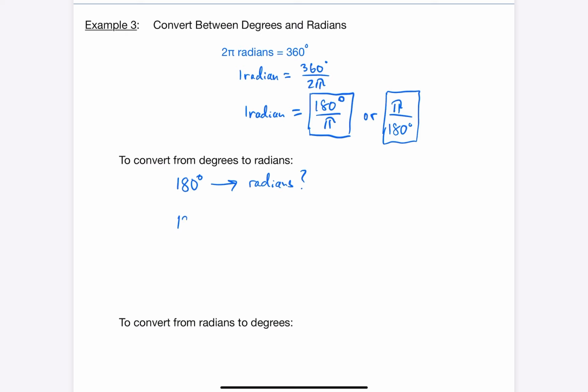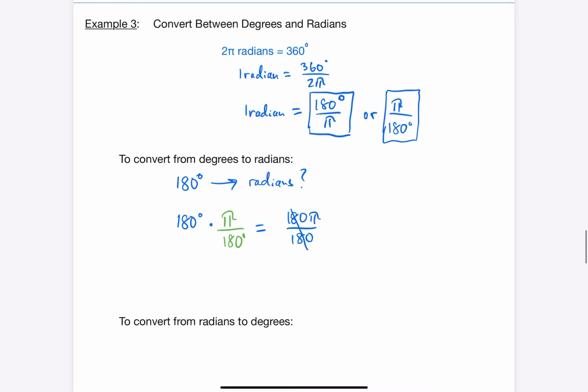Well, we're going to take 180 degrees, and then we're going to multiply by this ratio here, pi over 180, and this works out to 180 pi over 180, and these cancel out, so it just works out to pi, right?